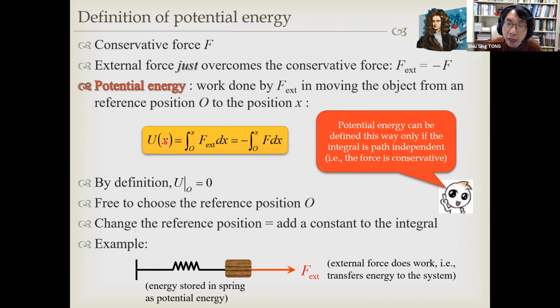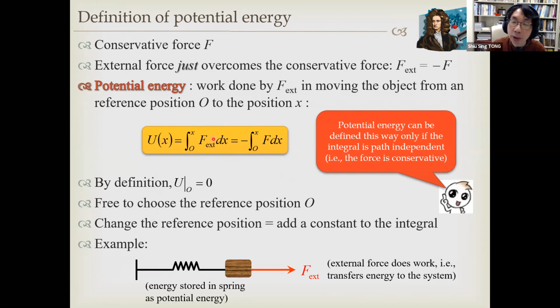U is a function of X, and X is the final position of that object. The potential energy is calculated by the work done by the external force in moving that object from a certain reference position we call O to the final position X. So the upper limit in this integral is the final position at which the potential energy of the object is measured.